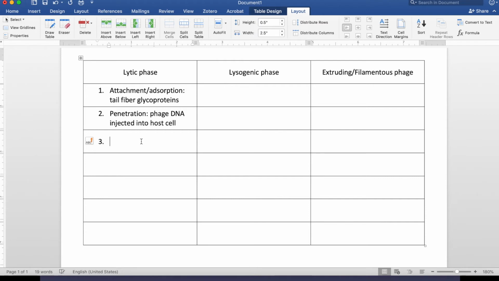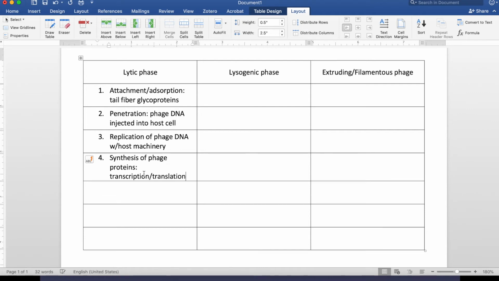So for us, we'll put step 3, and these step 3 and 4 are kind of interchangeable, but we'll put replication of phage DNA with host cell machinery. Step 4, synthesis of phage proteins, synthesis, which means transcription and translation using host machinery.